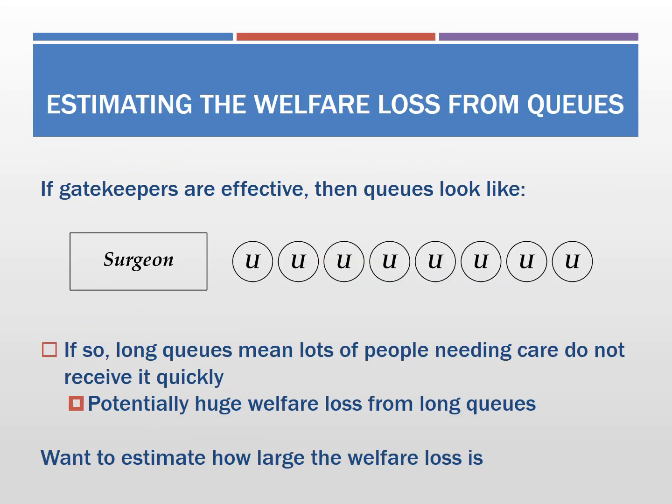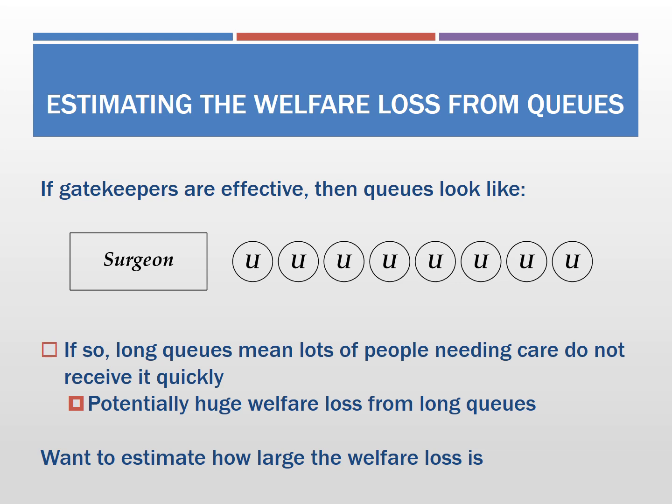Let's suppose the gatekeepers are very, very effective, then the queues will look something like this one. All the patients left in the queues are those who need the service the most and will benefit the most from the treatments.